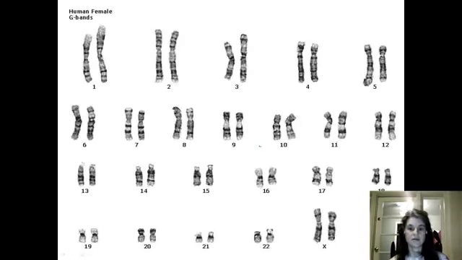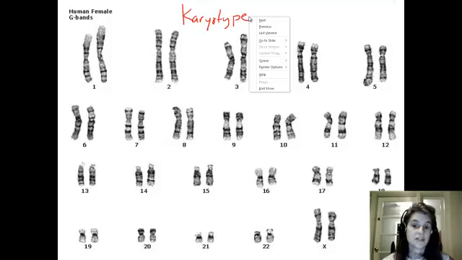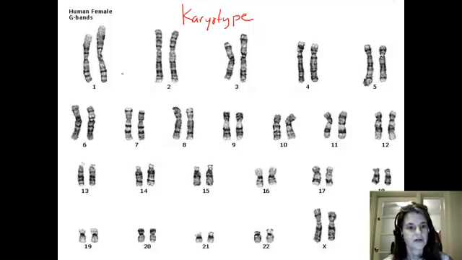This is showing you what is called a karyotype. It is a photograph of a person's chromosomes. Okay? These chromosomes have been organized by a geneticist who understands chromosomes. They are stained. The chromosomes are stained in particular ways. Banding patterns, as you can see, show up on the chromosomes.